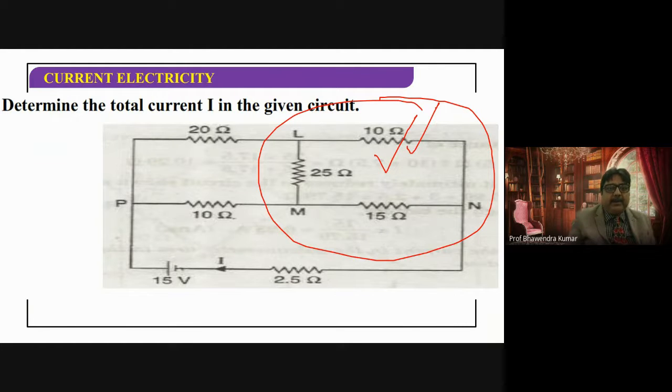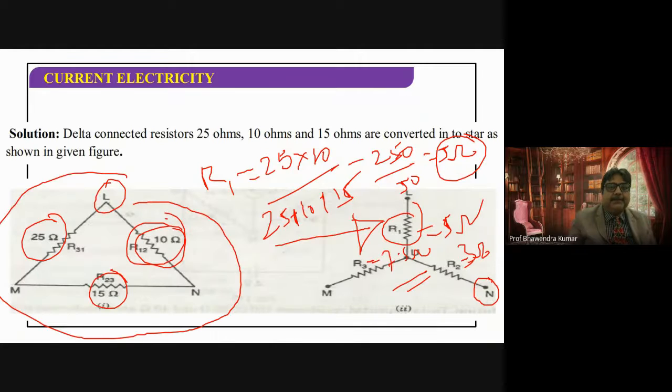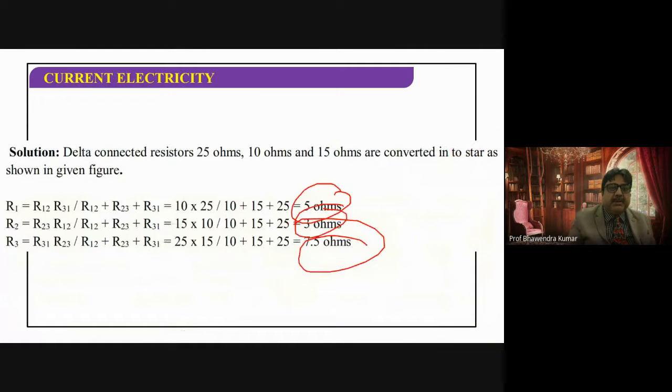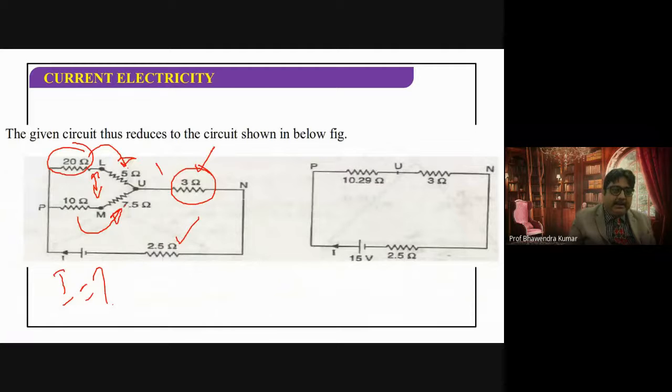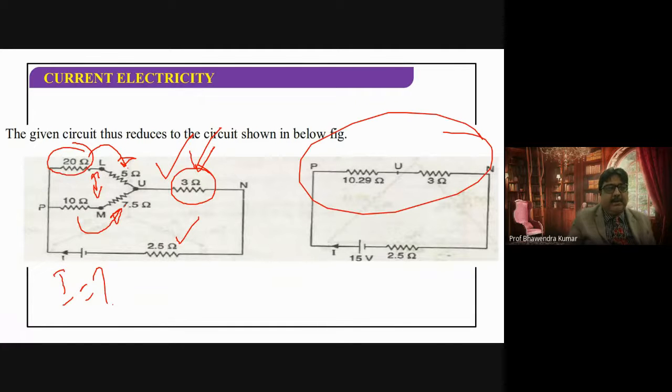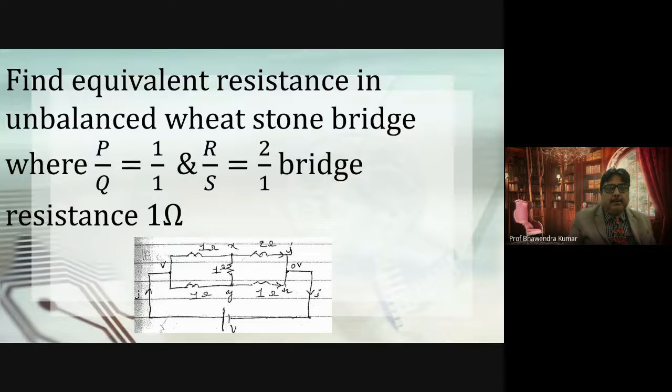And we converted it to a star like this, right? And once I converted to a star, I reconverted like this and I found the net resistance like this, right? So here also, this part you can consider as a delta, convert it to star, and then you can find the net resistance.